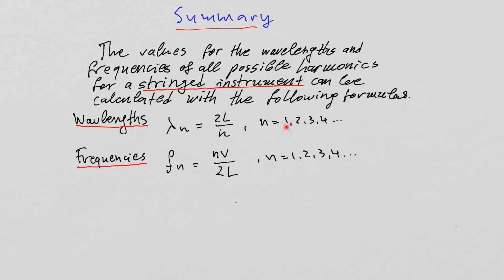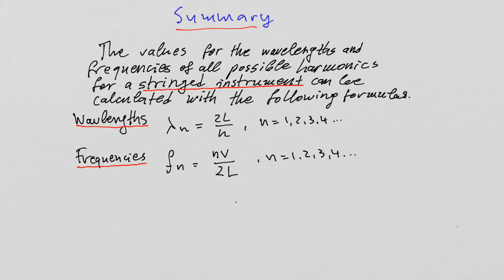So for n equal to 1, we're going to substitute 1 here, and that will correspond to the first harmonic, lambda 1, the wavelength of the first harmonic. For n equal to 2, that will correspond to lambda 2, the wavelength of the second harmonic. For n equal to 3, that will correspond to lambda 3, so that is the wavelength of the third harmonic, and so on and so forth.